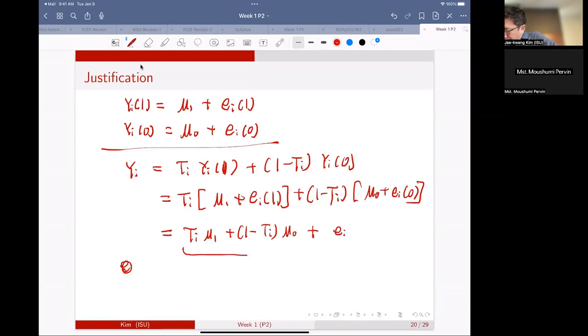So this is the mean part, and this is still a random variable, a function of a random variable, which is ti, right?